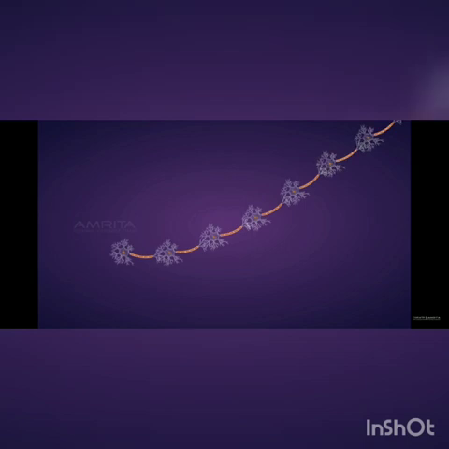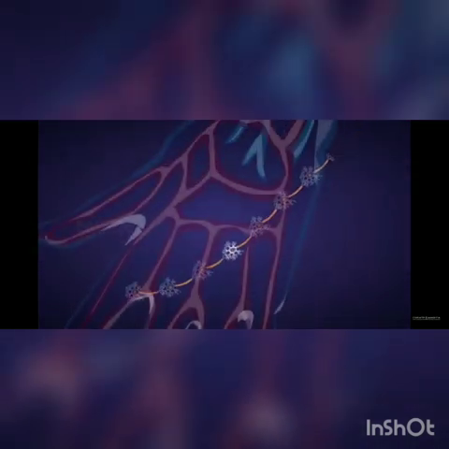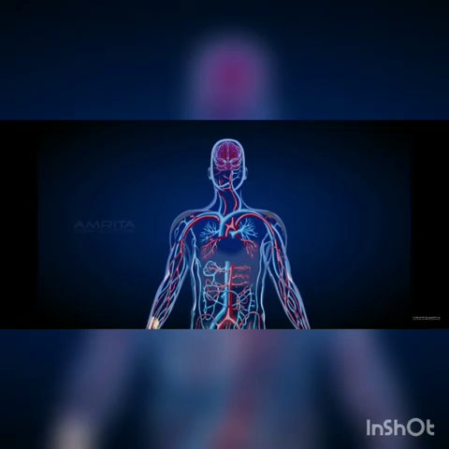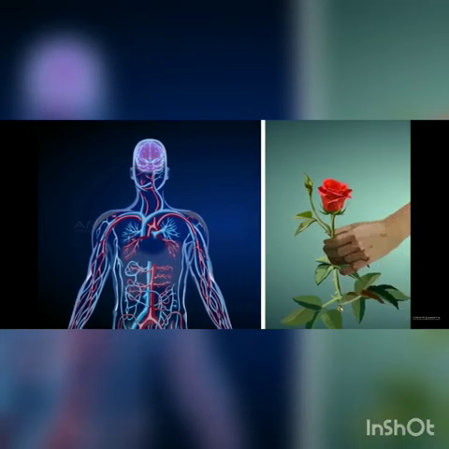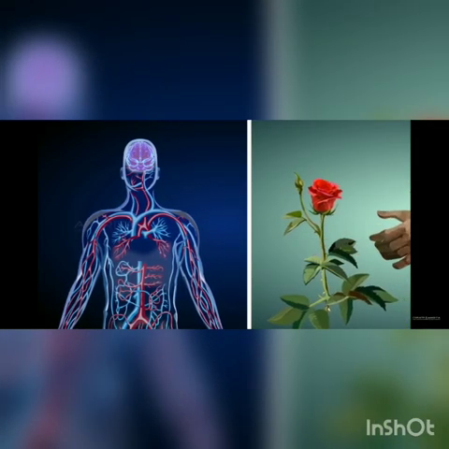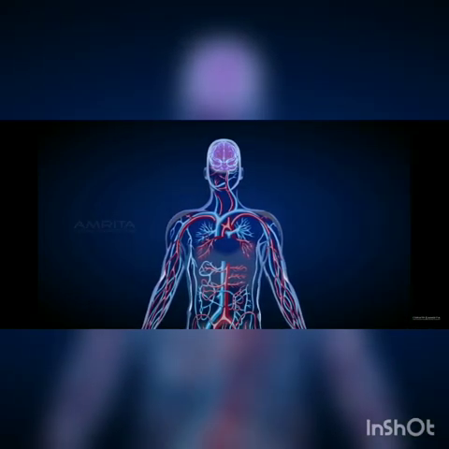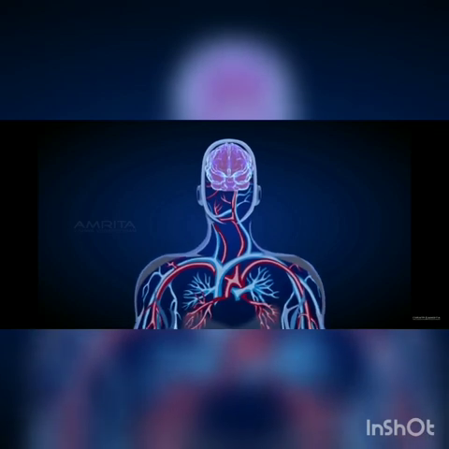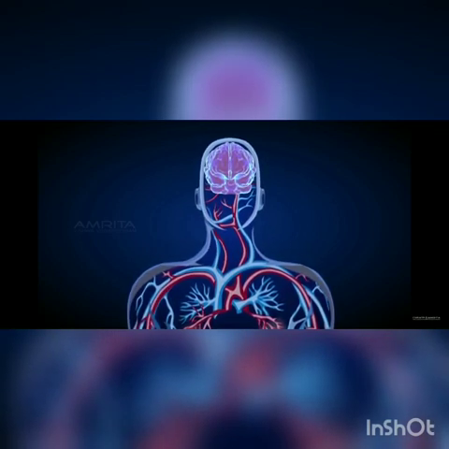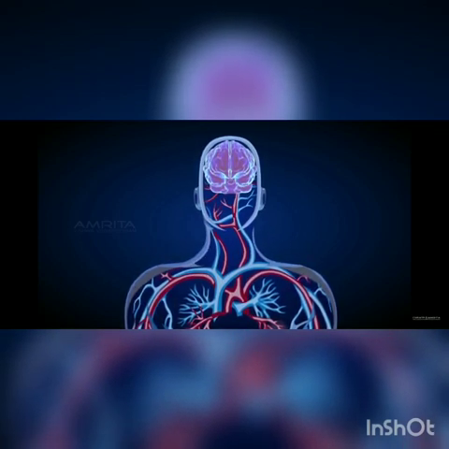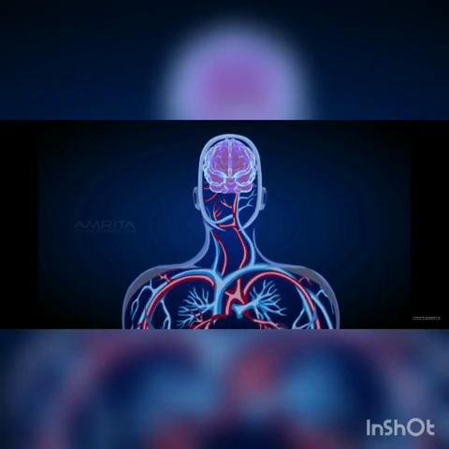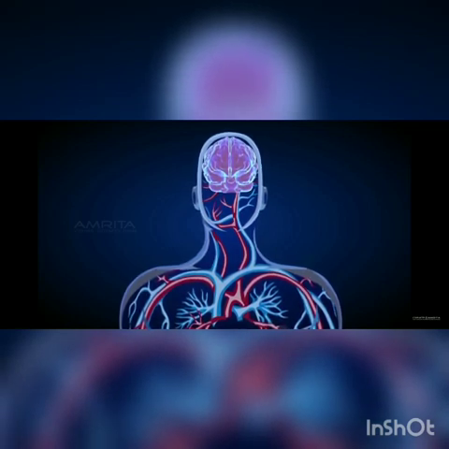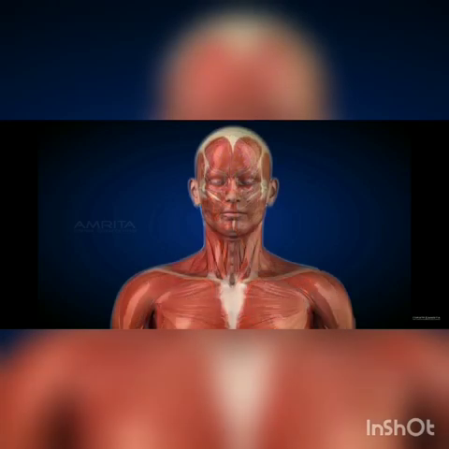It is electric, so it is very fast. The message is carried to the brain, and the brain orders our hand to be taken away. The brain is the controlling center, and it is also made up of neurons only.